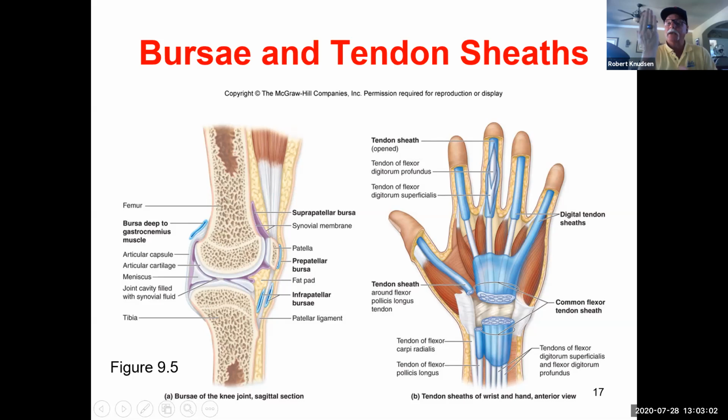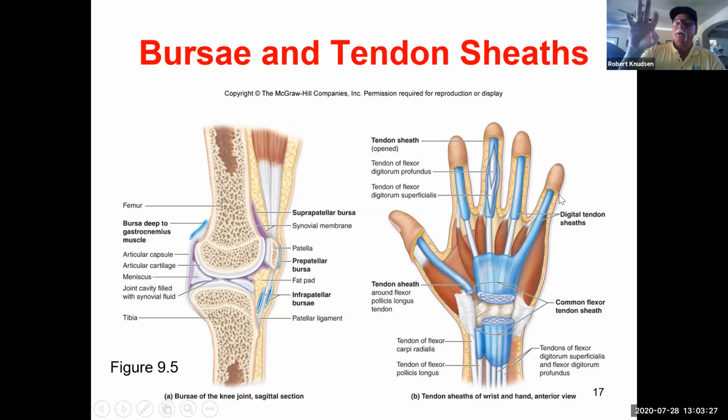Instead of cutting it like this, they should have turned it this way so you could see the pillow. What they did is cut it so it almost looks like a little finger sticking in there, and it's not. It's like a pillow. Then they cut it away here, but this is your tendon sheath. See, it's cut away here too. See how long that is?